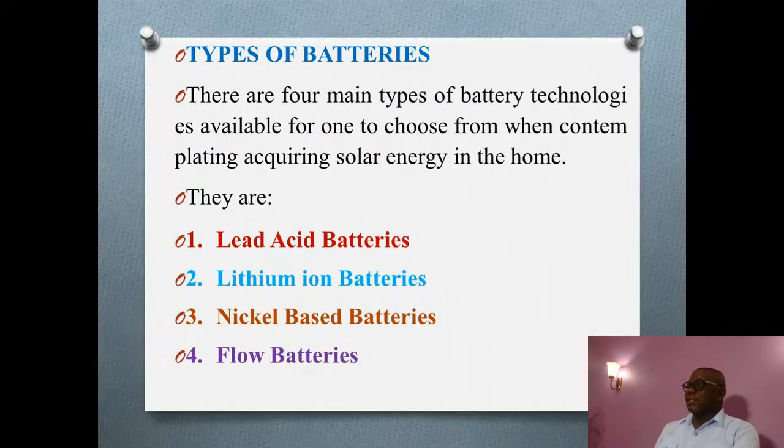So let's quickly look at the types of batteries. There are 4 main types of batteries that are used for solar energy technologies, which are available for the customers to choose from. They are the lead-acid batteries, the lithium-ion batteries, the nickel-based batteries, and the flow batteries.